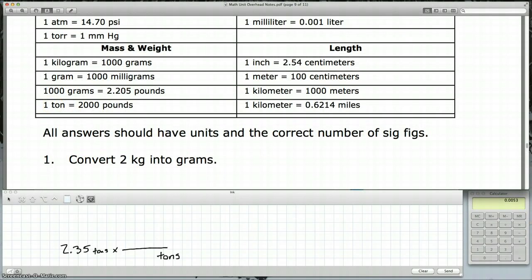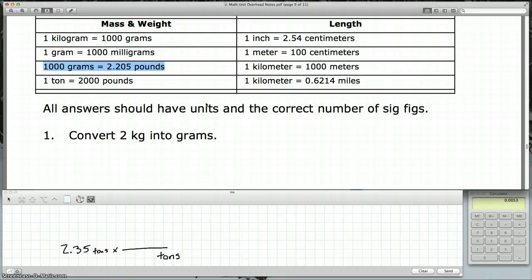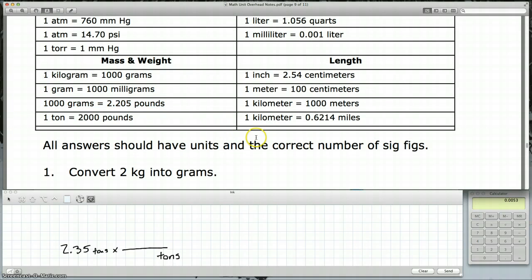So if I notice here, I can go from tons to pounds using this. So this will convert tons to pounds. And then right above that I notice, oh, pounds and grams. I can use that to go from pounds to grams. So first I go from ton to pounds, and then pounds to grams. It's a two-step process. So I will actually leave that there so I can see it.